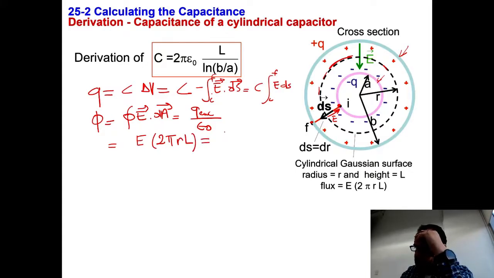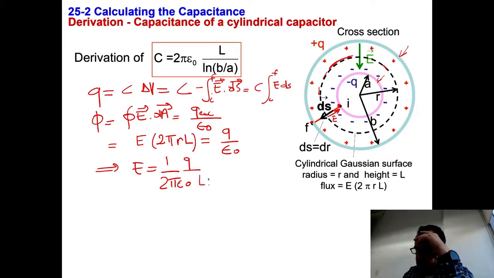Let's assume this Gaussian surface includes the whole capacitor. So this will be Q divided by epsilon 0. So we can see that the electric field is Q times 1 over 2 pi epsilon 0 divided by L times r.